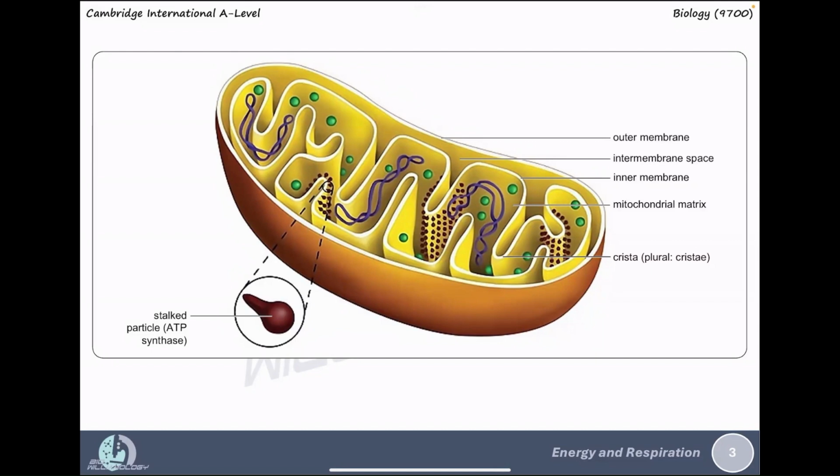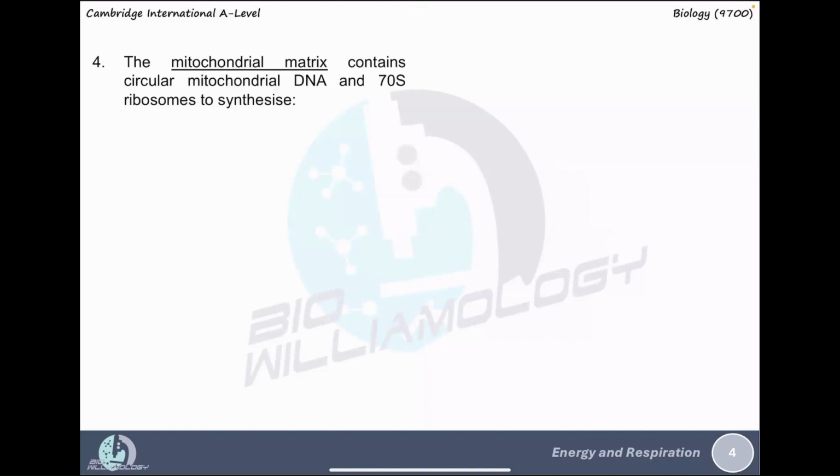Within this mitochondrial matrix, we will be able to find circular mitochondrial DNA, which is a double-stranded DNA in a circular form, as well as 70S ribosomes.